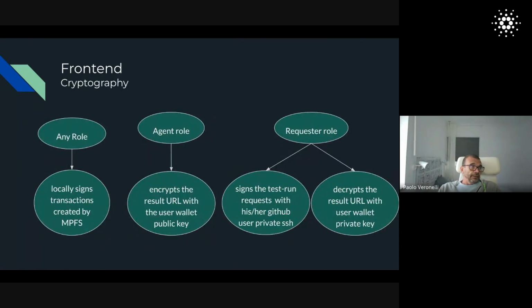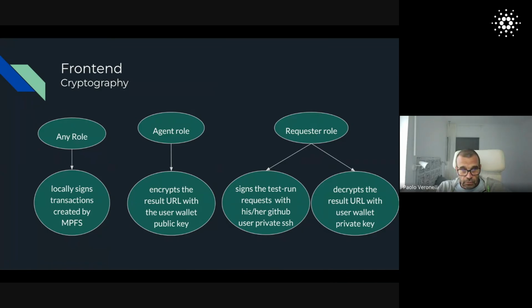Yeah, the final slide is about cryptography. So we have a few small cryptography things. Anyone who is participating with Moog is actually signing transactions. So MPFS is producing the transaction. They can decide to run it locally or use a public MPFS instance, but the signatures are done locally by the CLI.